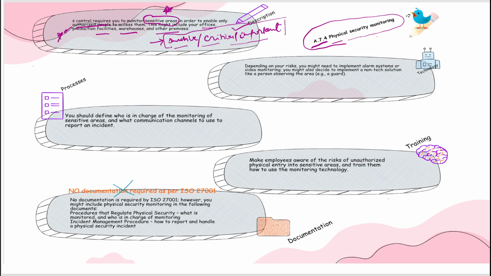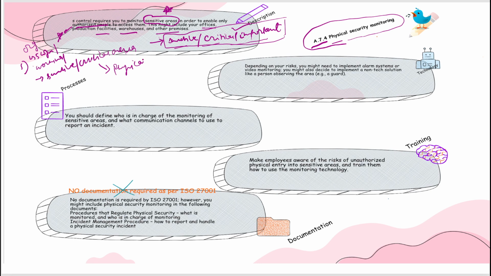So the first thing is that as per your organization's context or scope, you have to identify which are the sensitive or critical areas first, and then you have to see that you have proper physical control.